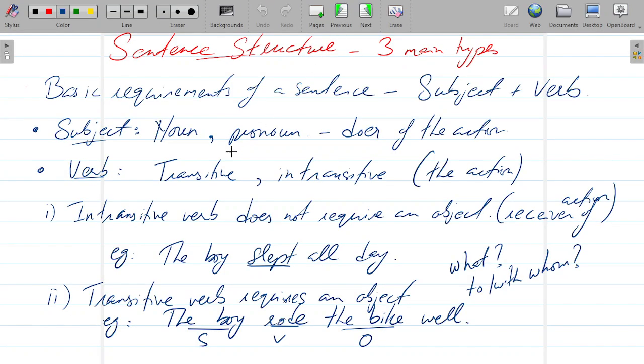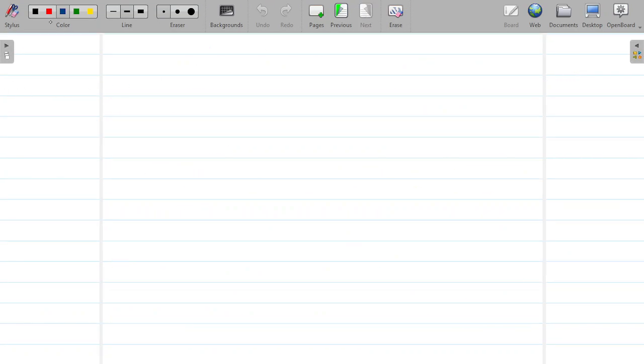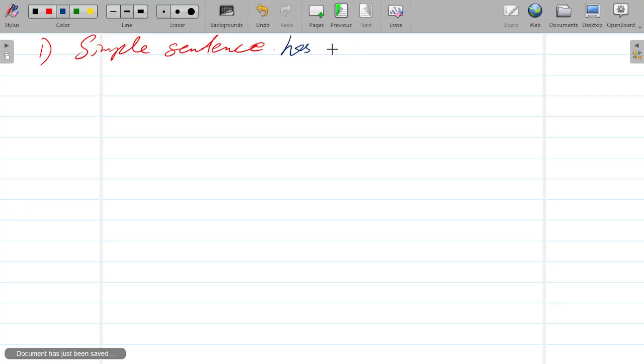Now that you've got that cleared out, okay, the first type of sentence that we are going to talk about is the simple sentence. And we've basically already talked about it. Right, so a simple sentence has a subject, verb, right?